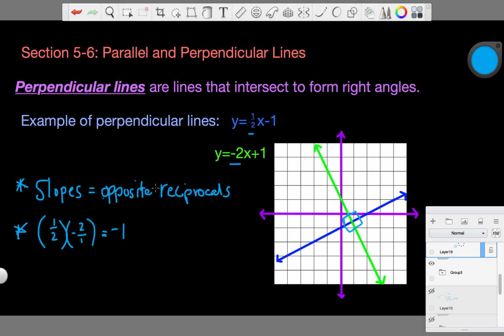So if you multiply opposite reciprocals by each other, you get -1. Some examples of opposite reciprocals: we could have 3 and -1/3, or 2/5 and -5/2. As you can see, you flip the fraction and you make it negative, or you change the sign.